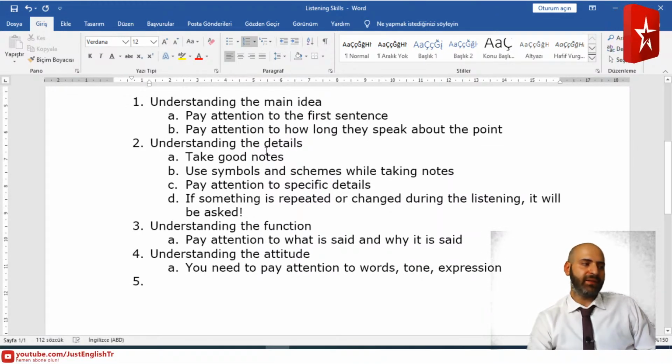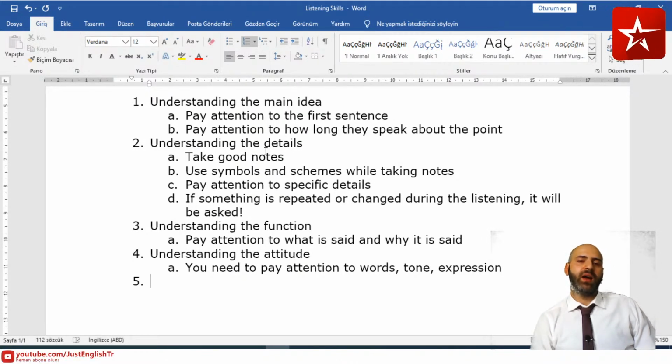Question type number 5, guys, is about the whole conversation or whole passage. These kinds of questions usually ask you either multiple choice questions or matching. So it is mixed. There will be some multiple choice questions and also some kind of matching. These questions usually are about the relationship of the topics.